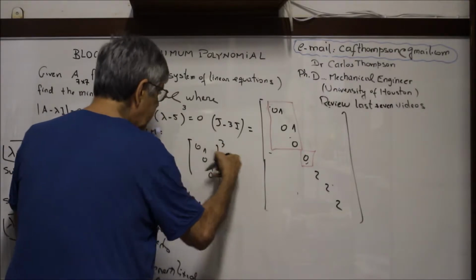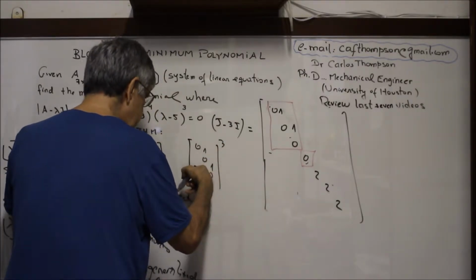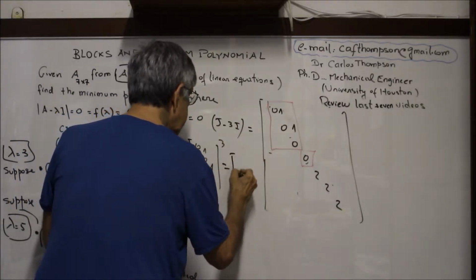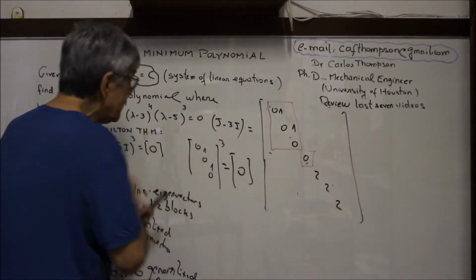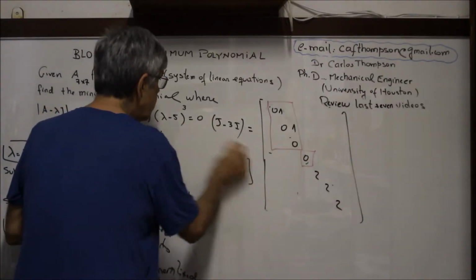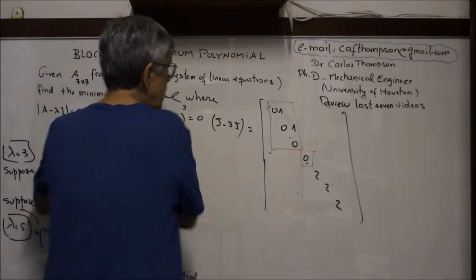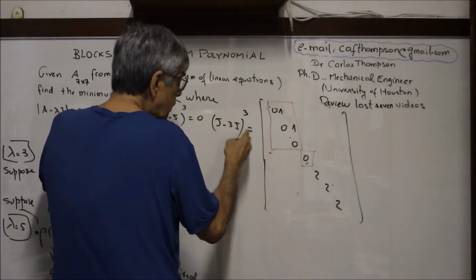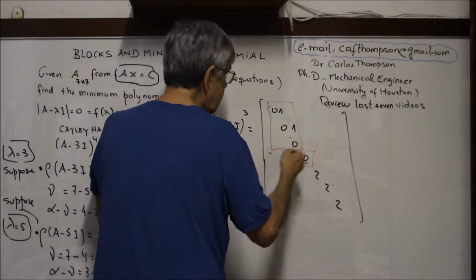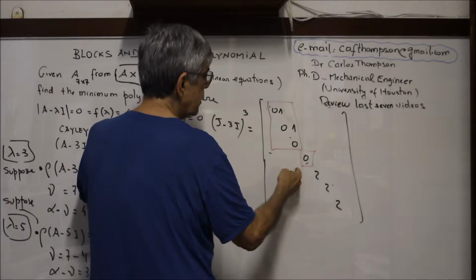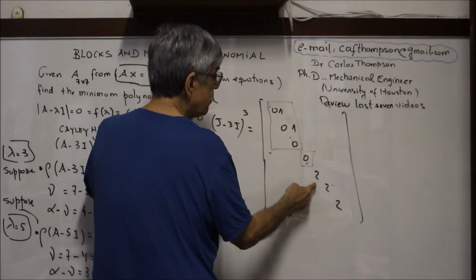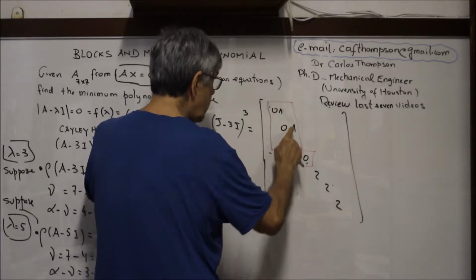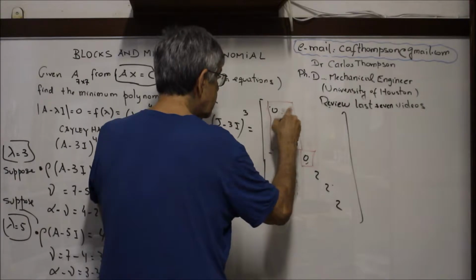If I put the exponent 3 on this matrix, this will be my matrix 0. If I write J minus 3I to the power 3, when I multiply this times this times this, I'll have a big 0 over here. And this will be 8, okay? 2 times 2 times 2 is 8. So I'll put 0 here and 0 here.